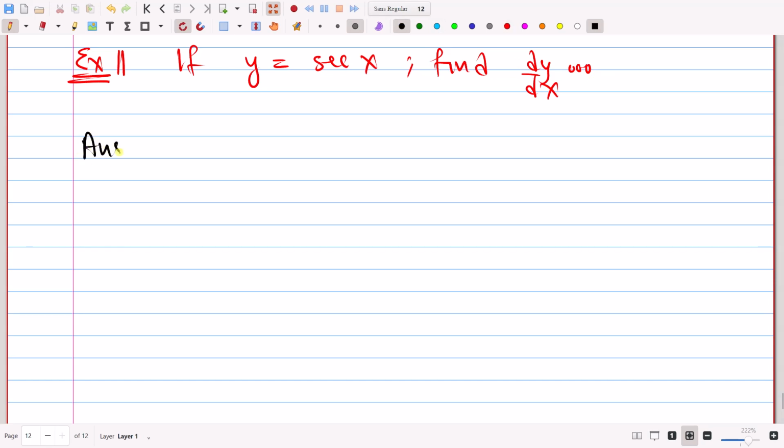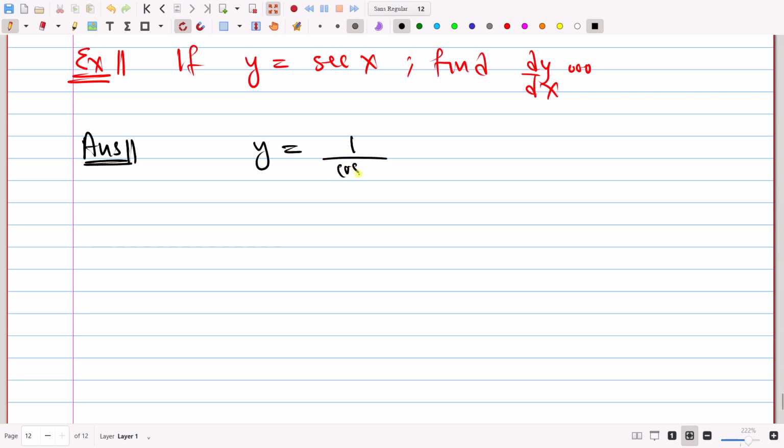What about other functions like sec? They can say if y is equal to sec x, find dy/dx. So how will we get that? This is how we proceed.